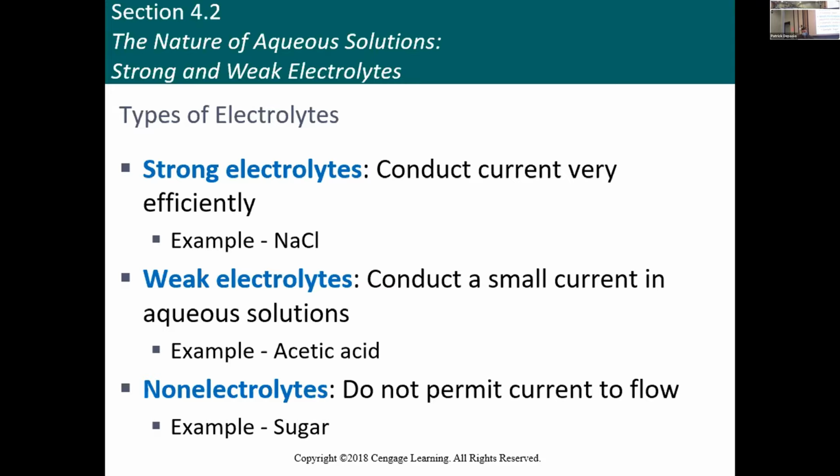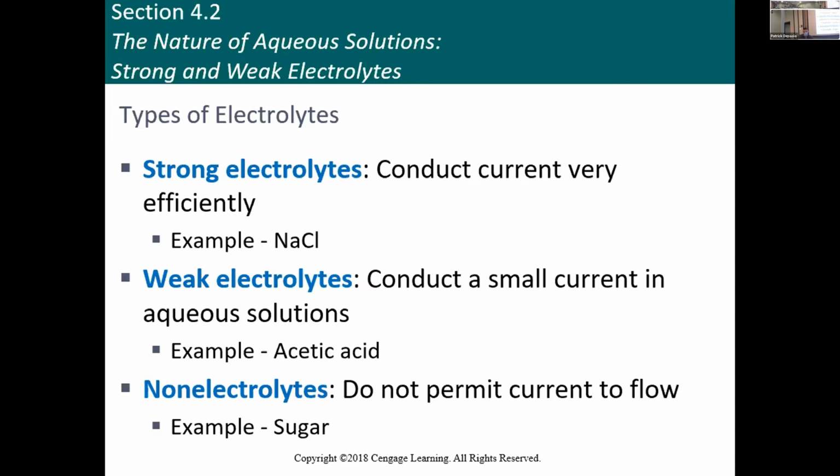And then for weak electrolytes, you have a very small percentage of ionization. Things like weak acids and weak bases that don't dissociate much in water are only going to conduct a small amount of electricity when put into aqueous solutions.